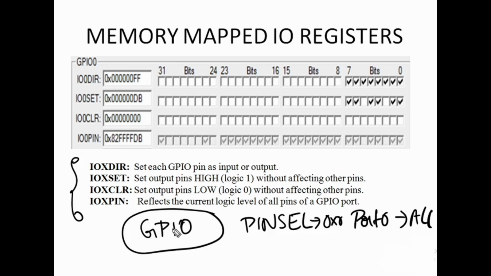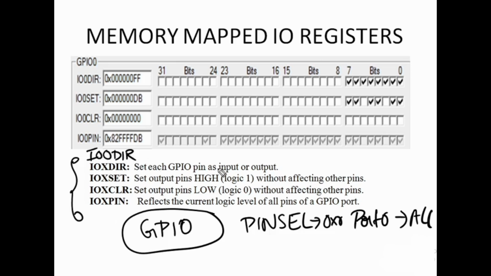Whether a particular pin should act as input or output is determined by this IOxDIR register, that is input output direction register. In our previous assumption, we considered port 0 to have all its pins set as GPIO pins. So we'll assume here we are considering IO0DIR, and if we are discussing port 1, it would be IO1DIR.